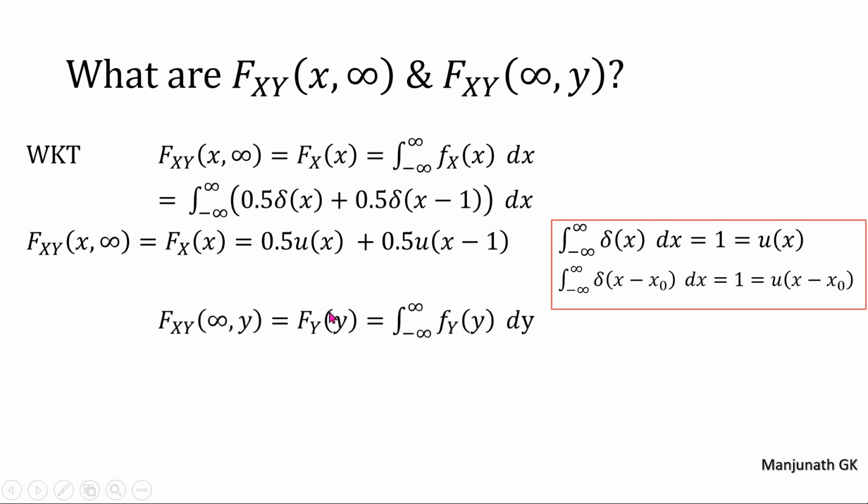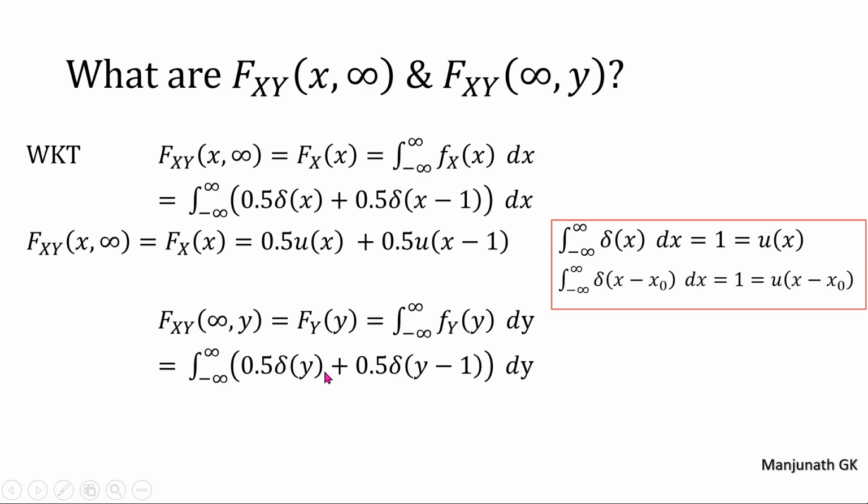Similarly, Fy of y can be obtained by integrating the PDF with respect to y. We have calculated fy of y, substitute here and integrate with respect to y. 0.5 is a constant, take it outside.